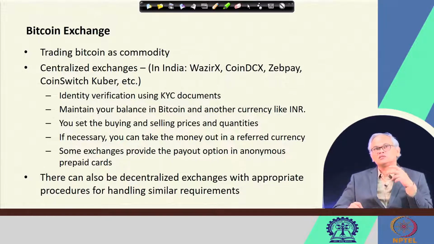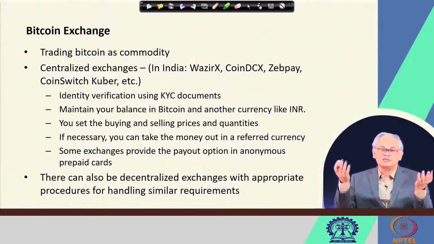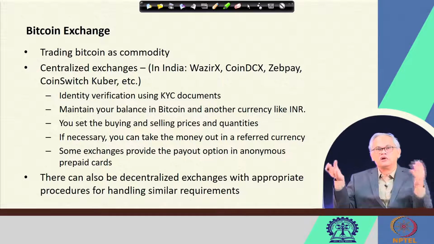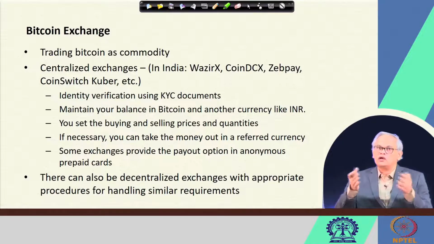So, Bitcoin is actually now treated as a commodity, just as people can trade shares of companies, or they can trade other currencies, like one can trade dollar against Indian rupees, or dollar against euro, or euro against Indian rupees, or so many such combinations. So, one can do that.